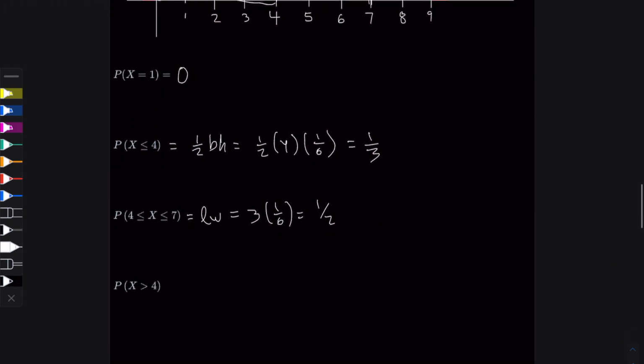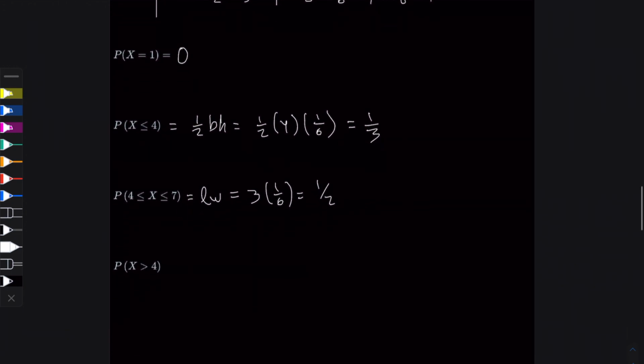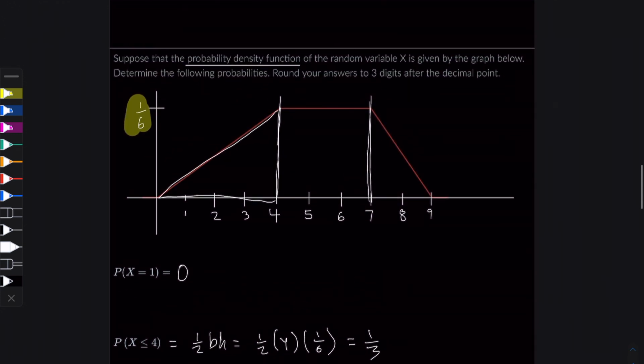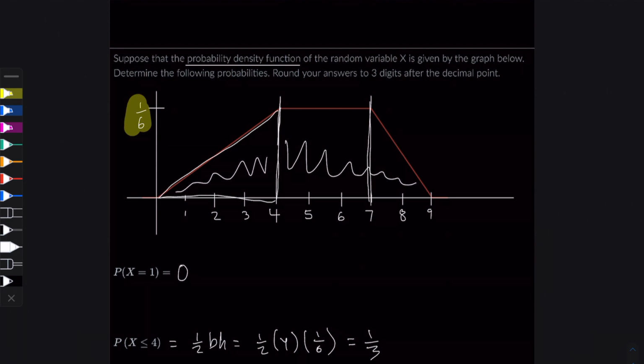And for the last one, it says probability that x is greater than 4. And so if you remember, all of our probability in something has to be 1, so we can use our complement rule here and say this is equal to 1 minus probability x is less than or equal to 4, right? Because if we have greater than 4, it would be all this area, and then less than or equal to 4 would be all this area.